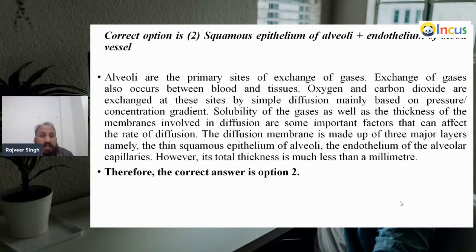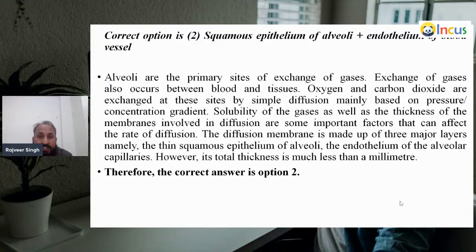Because alveoli are the primary sites of the exchange of gases. Exchange of gases also occurs between blood and tissue. Oxygen and carbon dioxide are exchanged at these sites by simple diffusion, mainly based on the pressure concentration gradient.